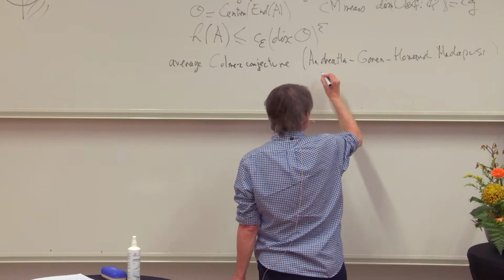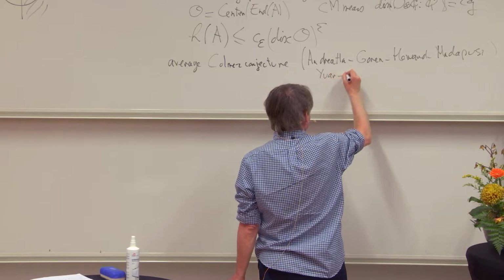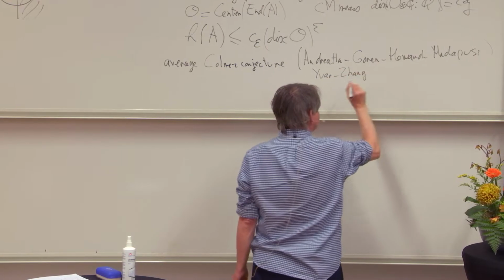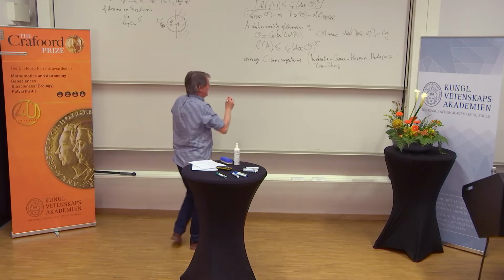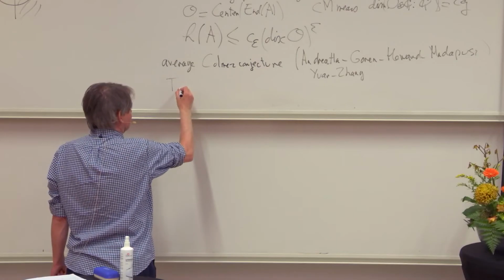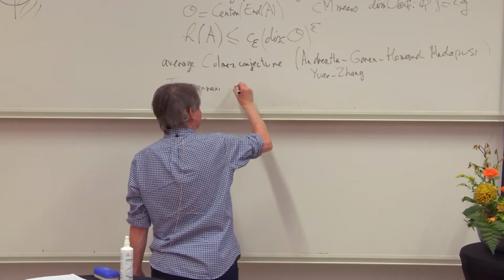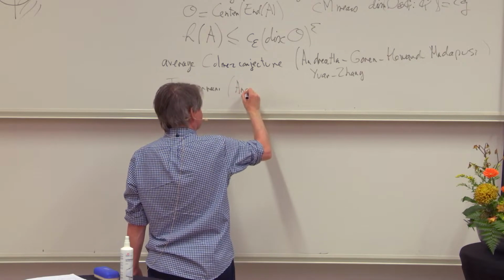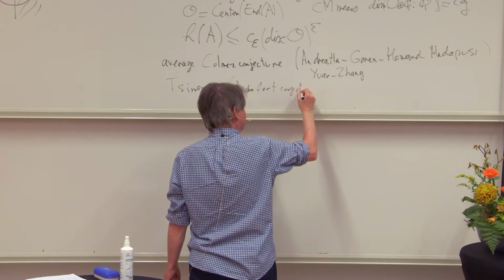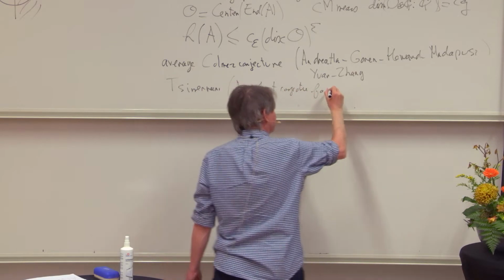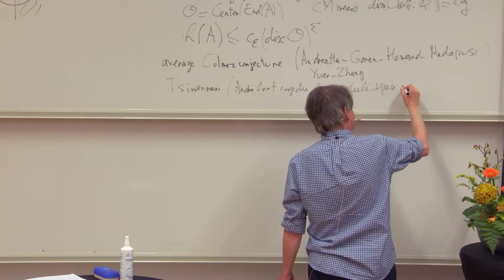And in an almost simultaneous paper by Yuan and Zhang, different papers, slightly different methods. And this was used by Jacob Zimmermann to prove the so-called André-Oort conjecture for the moduli space of abelian varieties.